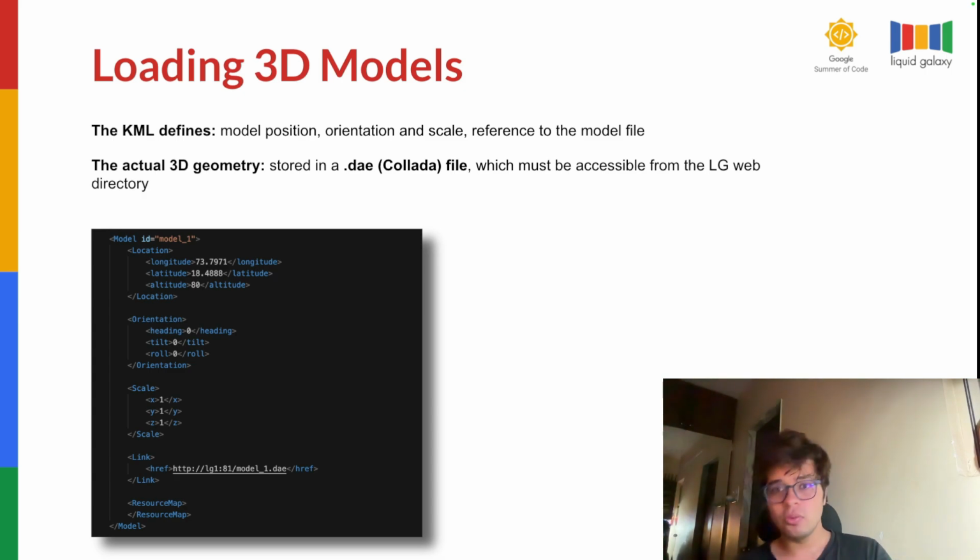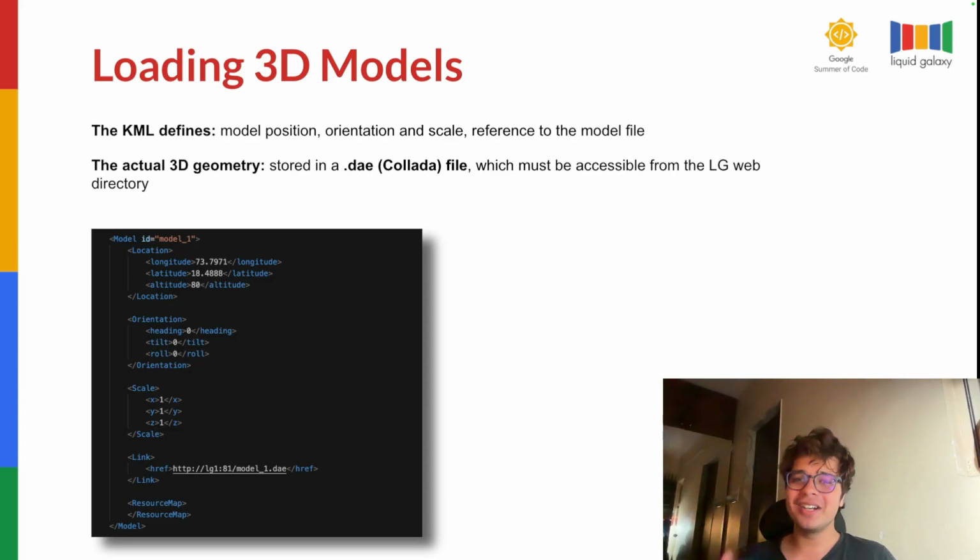And finally, the most important part, the link tag, which is there below in the code. Okay, so that link tag basically tells Google Earth to fetch the 3D models from the Liquid Galaxy web server, which is why the .dae file must be placed inside. Okay, I'm talking about a golden rule. I'll come to that.